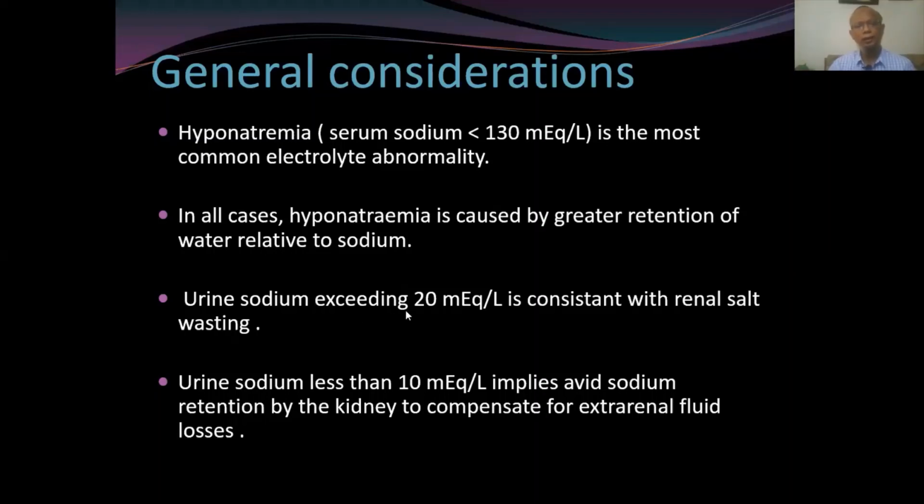Urinary sodium exceeding 20 milliequivalent per liter is consistent with renal salt wasting. This is also important. And urinary sodium less than 10 milliequivalent per liter implies avid sodium retention by the kidney to compensate for extrarenal fluid loss. So you have to remember these changes.